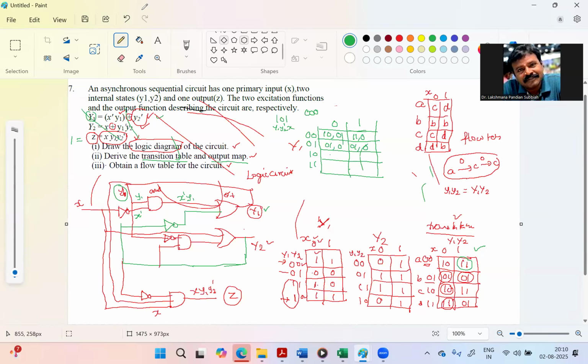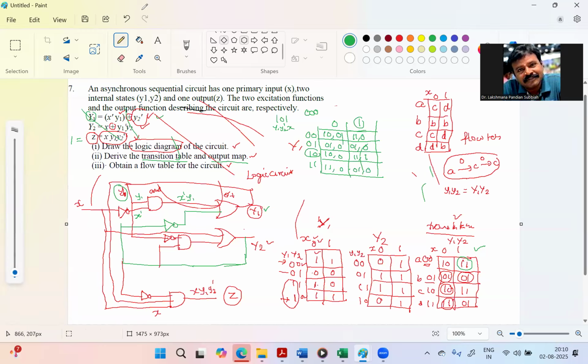Then here the state is 1 0, the output is 0. Here 1 0 1, the output is 1. Then here the transition is 1 1, then output is 1. Okay. Then here because this is 1 0 1, 1 0 1. For 1 0 1 only 1, right? Then here we are having now 1 1 and then 0. Here we are having 0 1 and then 0, right?